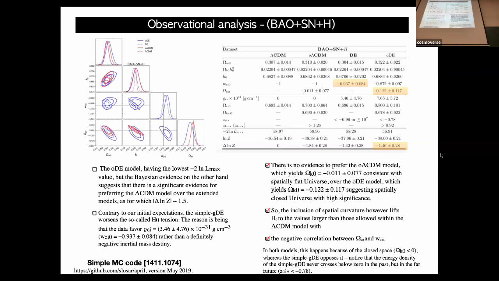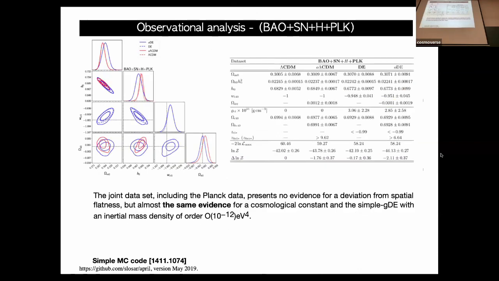So we obtain a negative correlation between omega k0 and W CI0. When we add Planck, as you see here, the full joint data set shows that the inertial mass density is positive. This is very important because in these 1 sigma results, there is no zero.